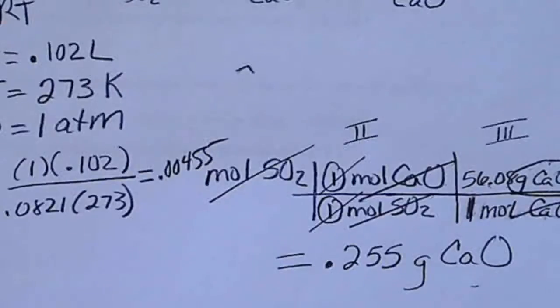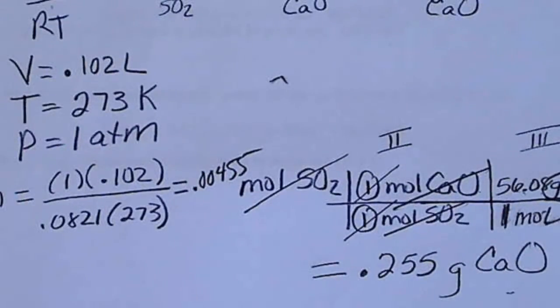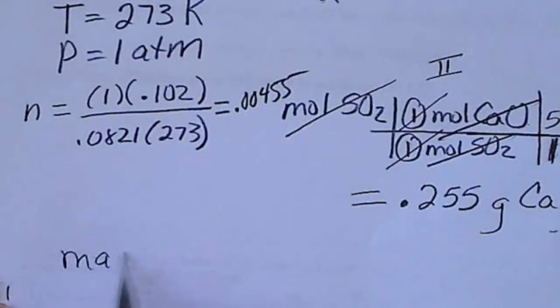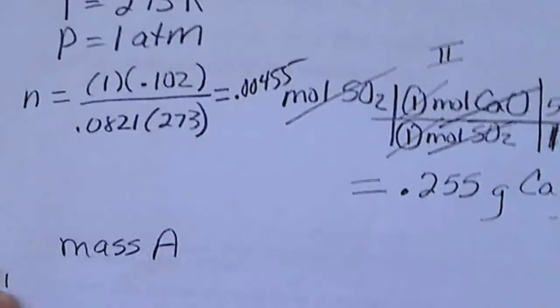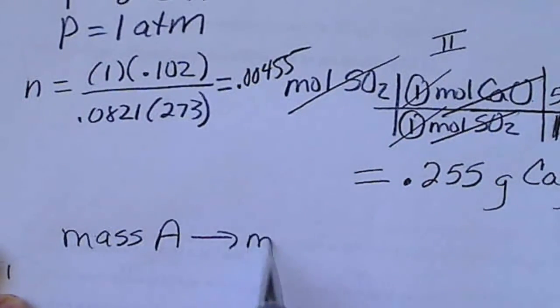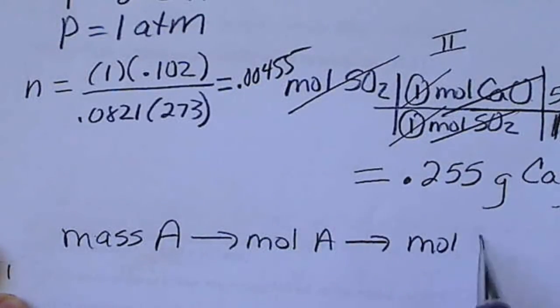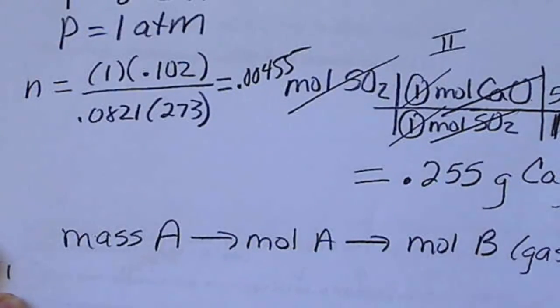So as a quick summary, the only 2 types of balanced equation problems we're going to be looking at when we are in the gas law chapter. We're going to go from the mass of A to moles of A to moles of B, and that's when B is the gas.